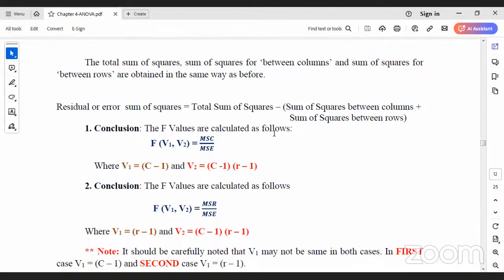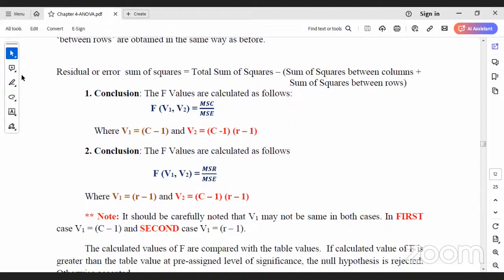Then the conclusion. In the previous problem, we wrote only one conclusion, but in this problem, we have to write two conclusions. That is conclusion number 1.